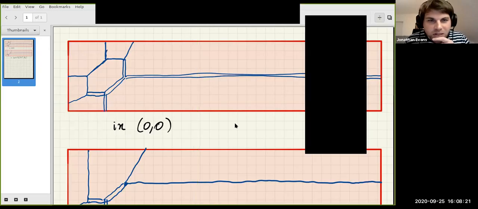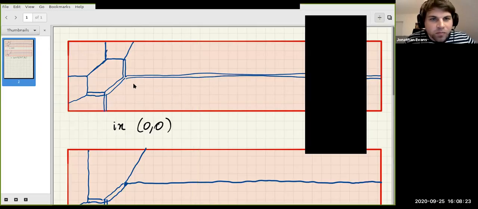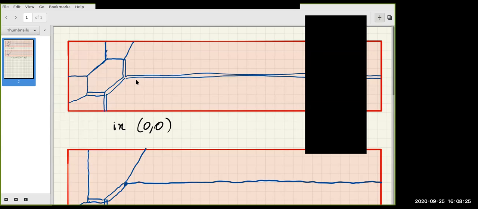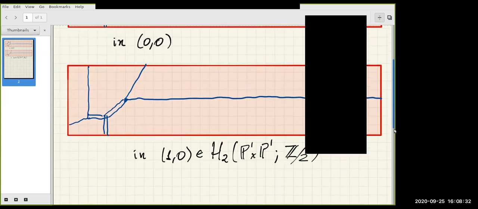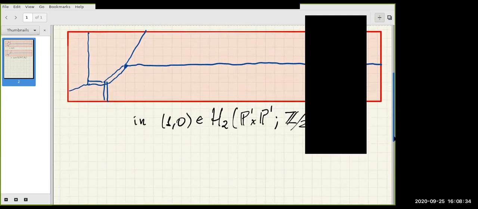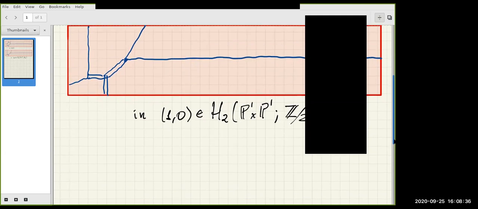Okay, so this is the claim. This guy. The bottom one, the top one is in 0.0. Okay, yeah, that's the Givental thing, in the wrong class, but then I think this guy should do the job.